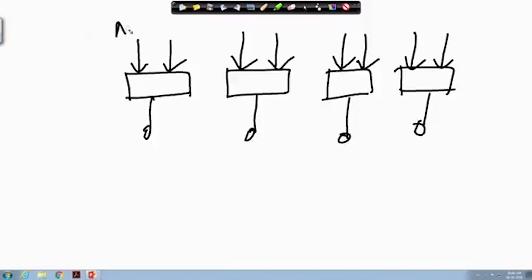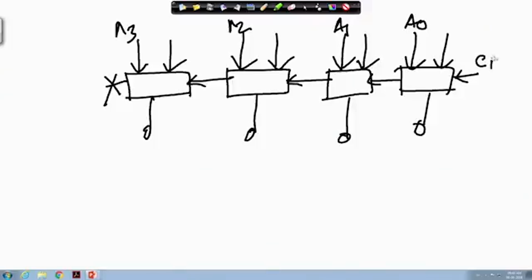This is A3, this is A2, this is A1, this is A0, and this is the carry forwarded to the MSB side, and the final carry out is discarded. This is the carry in, so Cin equals 0, and all these B bits are set to 1.